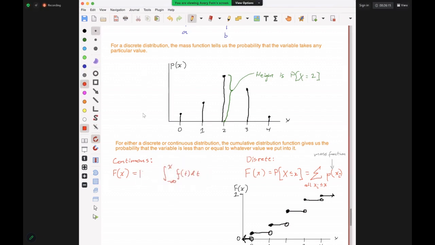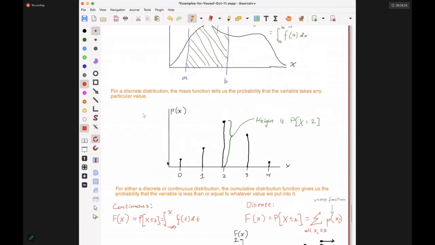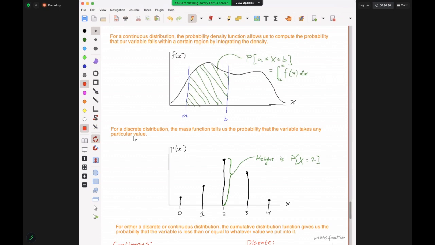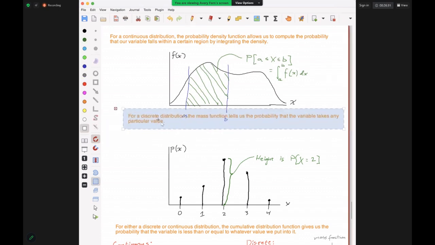Well, one's an integral, one's a sum. So are you talking about comparing the continuous and the discrete?